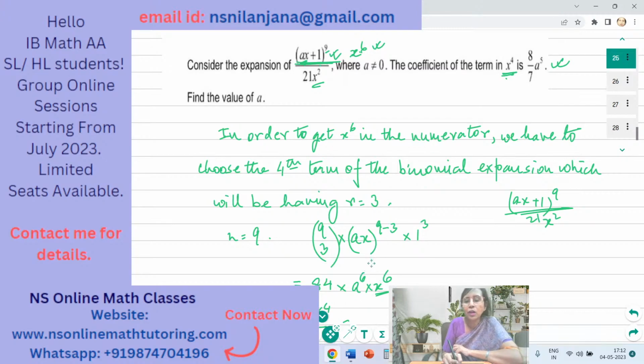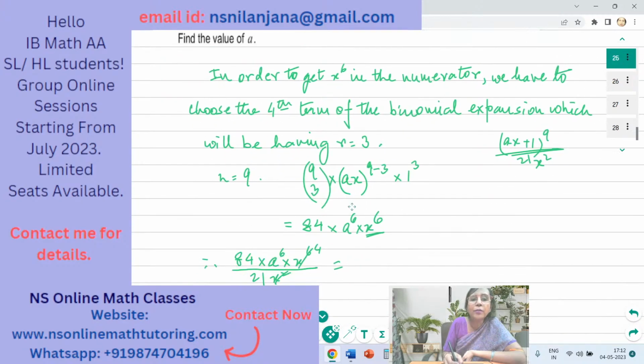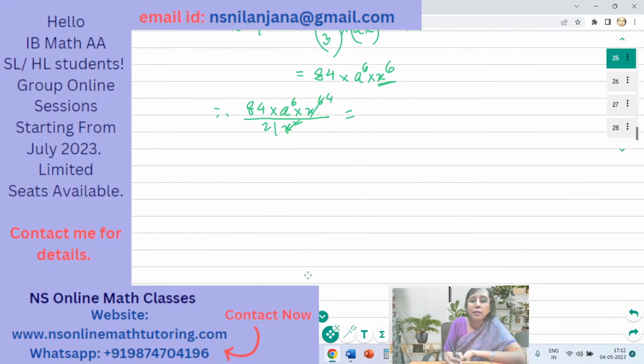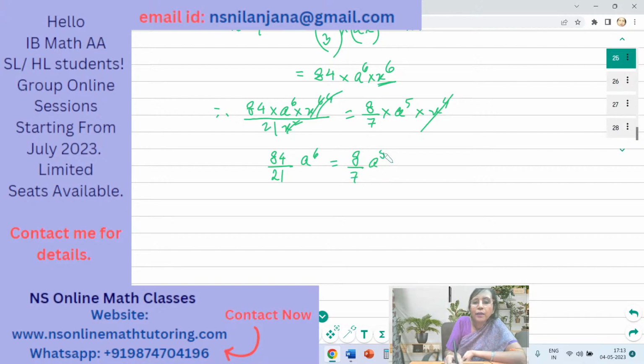Because it is the coefficient, we are only comparing the coefficients, not x to the power of 4. So it is 8 over 7 times a to the power of 5. Therefore, the equation is 84 over 21 a to the power of 6 is equal to 8 over 7 a to the power of 5.